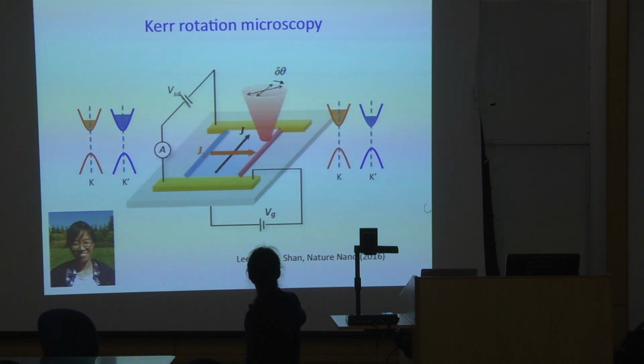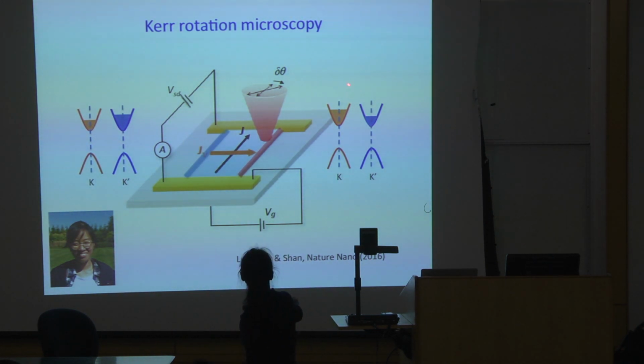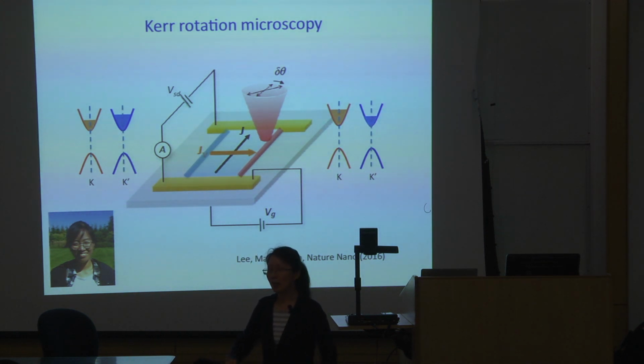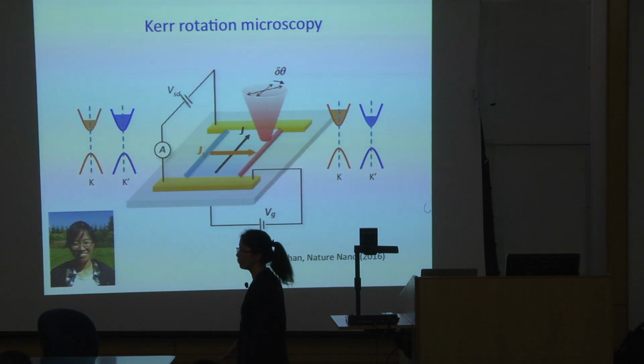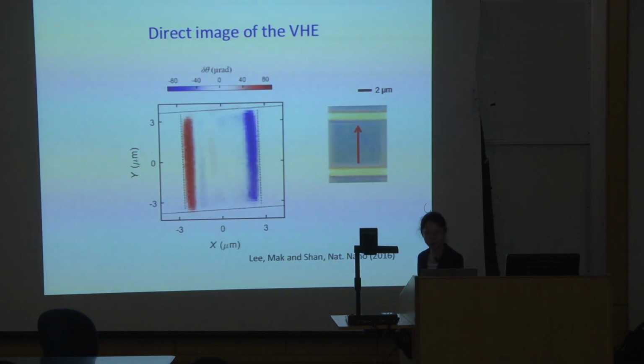And then, if you come in with an optical probe close to the Fermi levels, this absorption and this absorption will be different. As a result, the reflected light will have a rotated polarization, and optically we can pick up the signal, and then we can scan through the whole sample and see whether there's any effect.